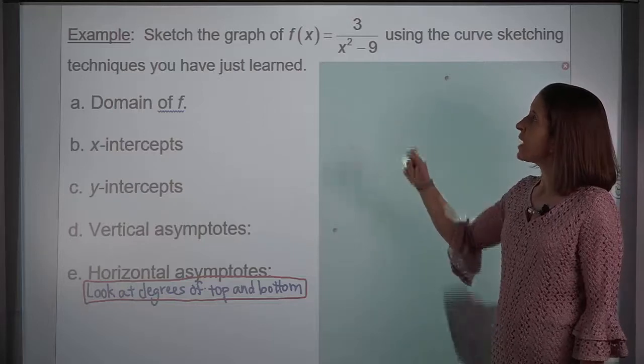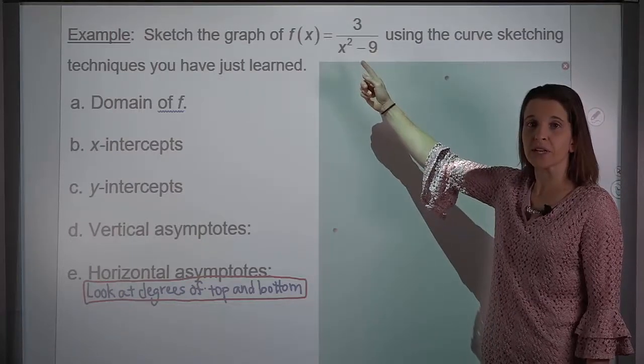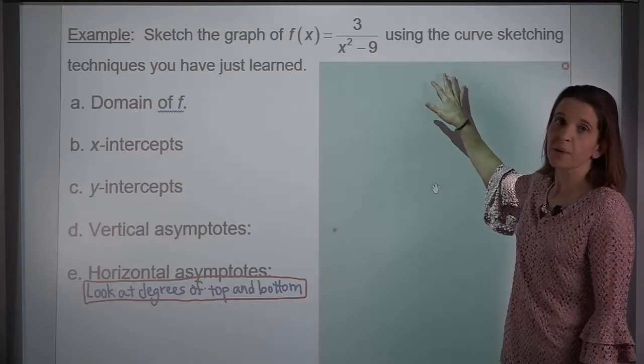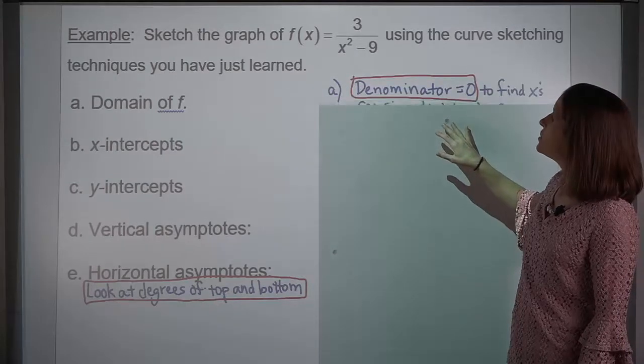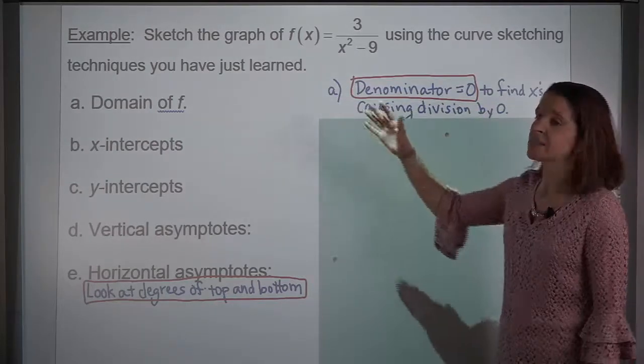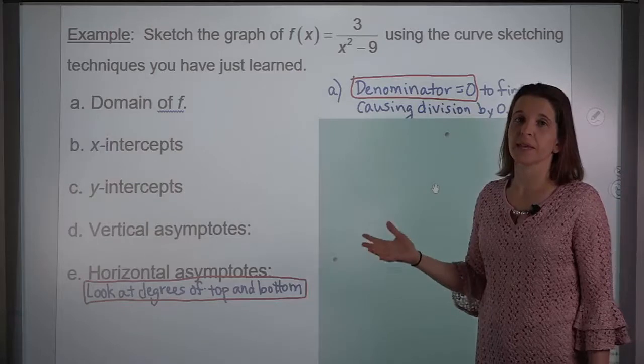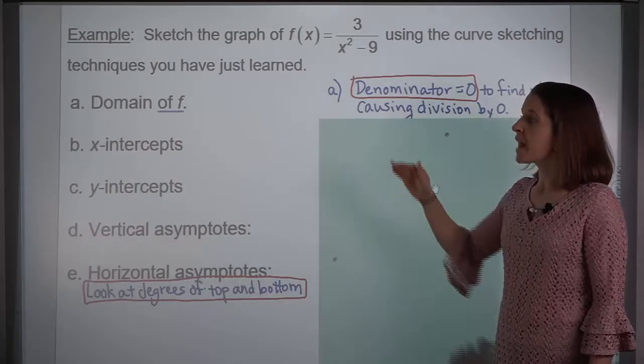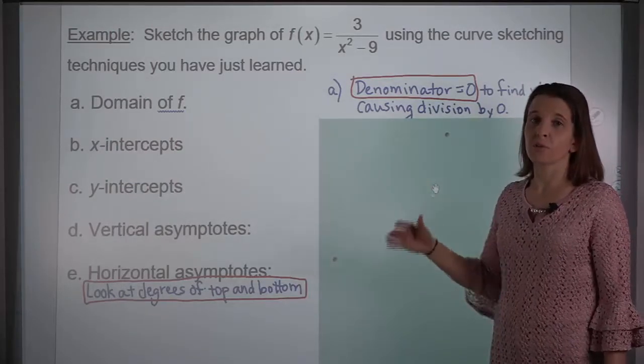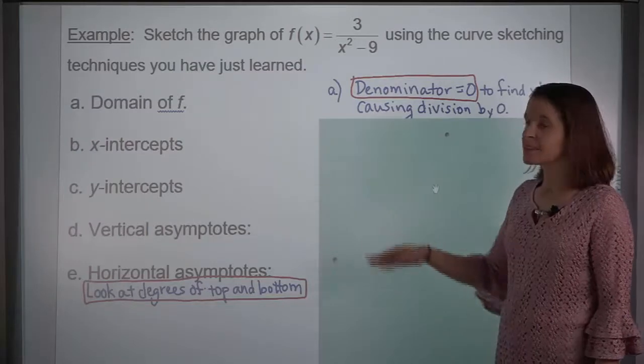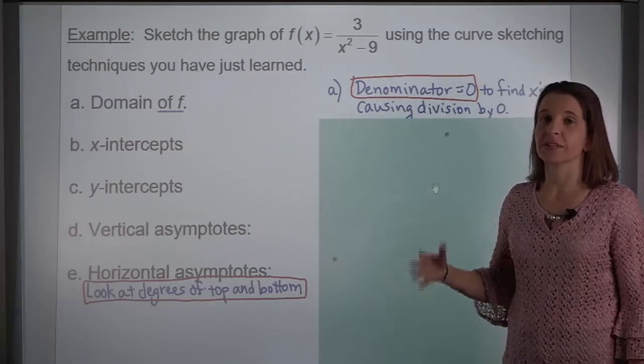So to find the domain, we need to see when the denominator would equal 0 and then leave those spots out. I know these are large problems that take up a whole page of work, but I give you cues along the way, and the fact that this is so many parts is actually a gift.